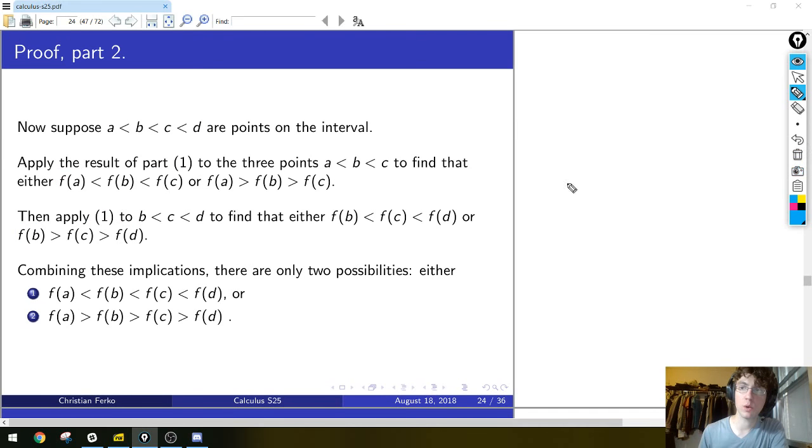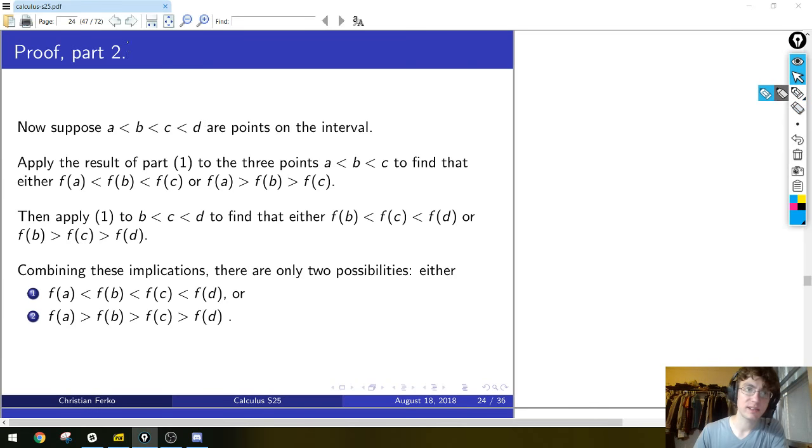The only combinations I could have are both ascending or both descending. So pretty intuitive, I think, that if 3 have to be ascending, then a set of 4 have to be ascending, and if the 3 are descending, then the 4 are descending.